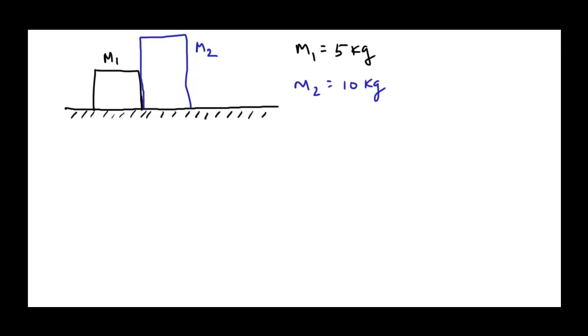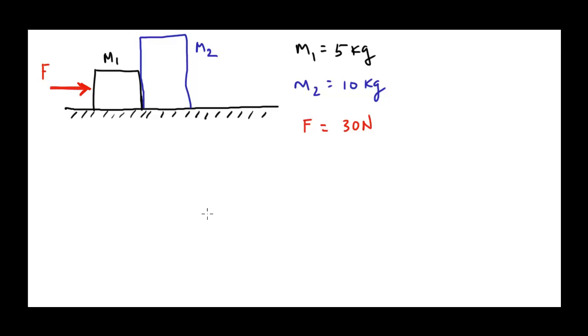If these two blocks are touching one another, I want to imagine what would happen if I pushed right here with a force F of 30 newtons. The first thing I'd be curious to know is, if I push right here, what is going to be the acceleration of the system.